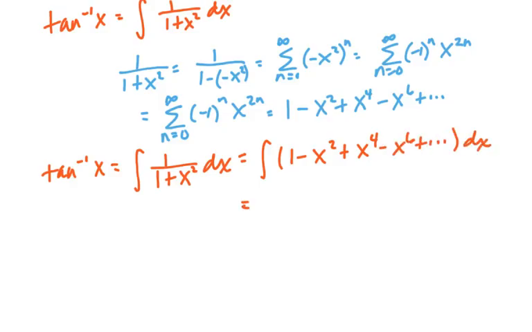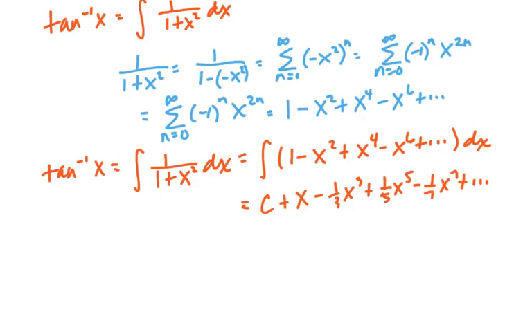So when we integrate, we get a constant. I put it at the front because we're ascending. Now the integration of 1 is x minus 1/3 x to the 3rd plus 1/5 x to the 5th minus 1/7 x to the 7th, and so forth.